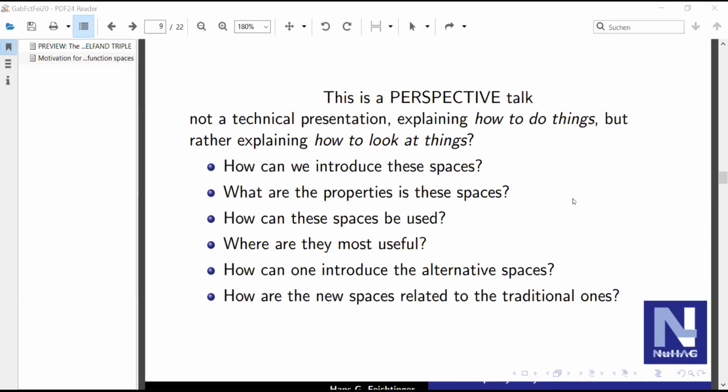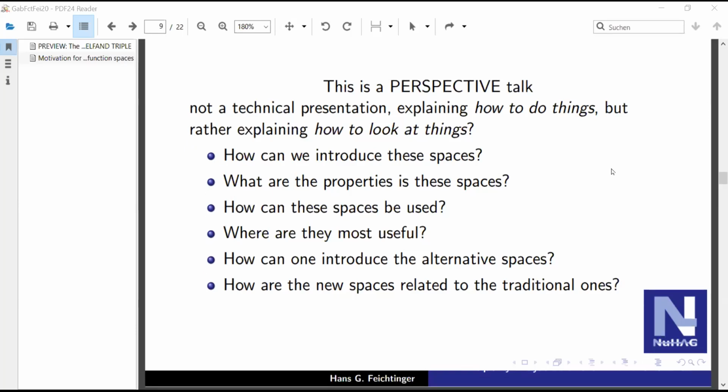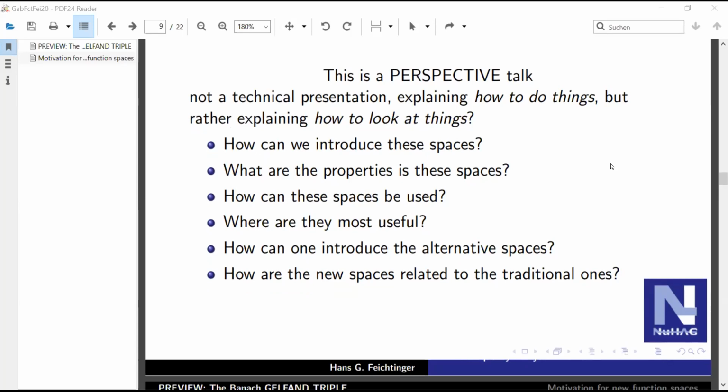If you have a very complicated function space, which is only good to solve a very particular question, the broad mass of students might not be willing or able even to study such spaces. So I realize that we have certain spaces which are universally applicable, not too difficult to understand, and still very useful.